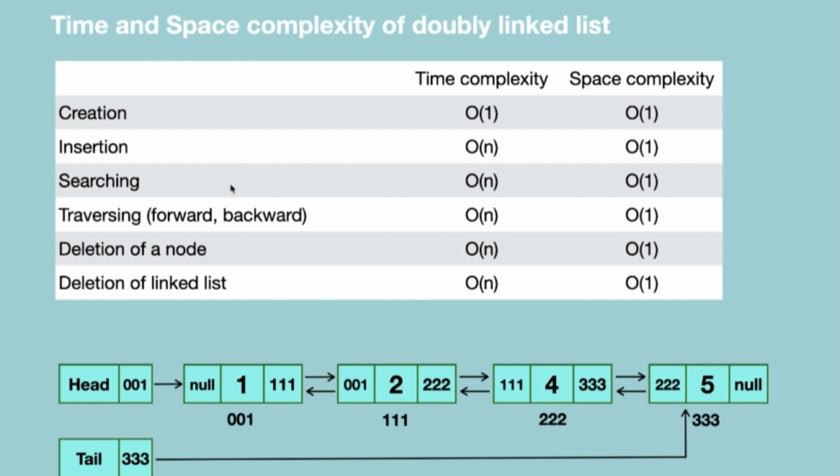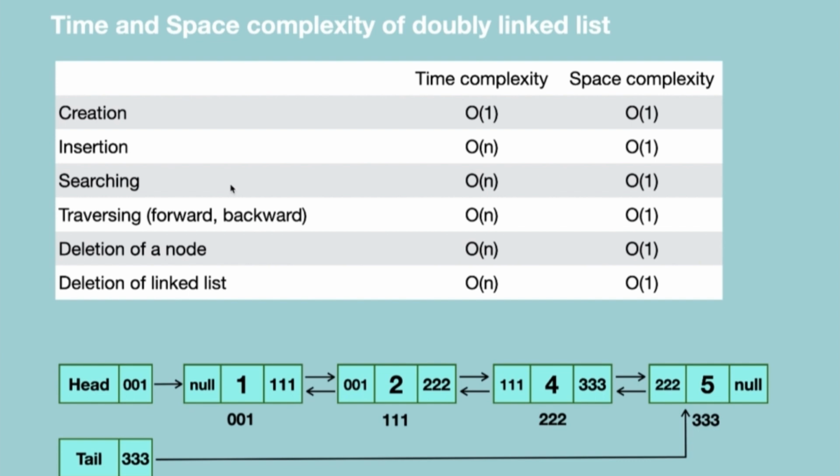Now the next operation is deleting a node from double linked list. So we know that we can delete a node in three different places in double linked list. So deleting a node from the beginning of double linked list takes O(1) time complexity, but deleting a node from the middle of double linked list takes O(n) time complexity because here we have to traverse through the elements to find the element that we want to delete.